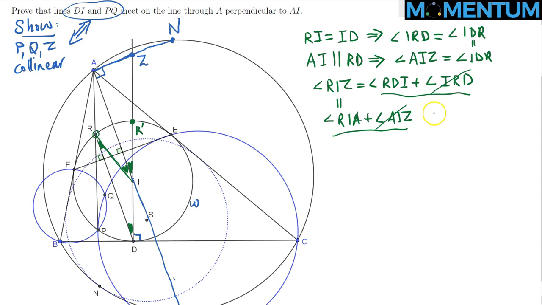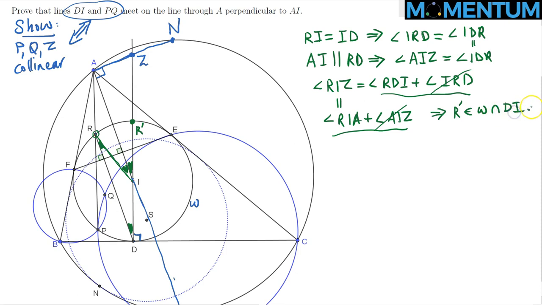So therefore, this implies that R prime is on omega. Well, obviously it had to be on omega because the incircle is symmetric with respect to AI, but furthermore, it's the intersection of omega and DI, I should say.